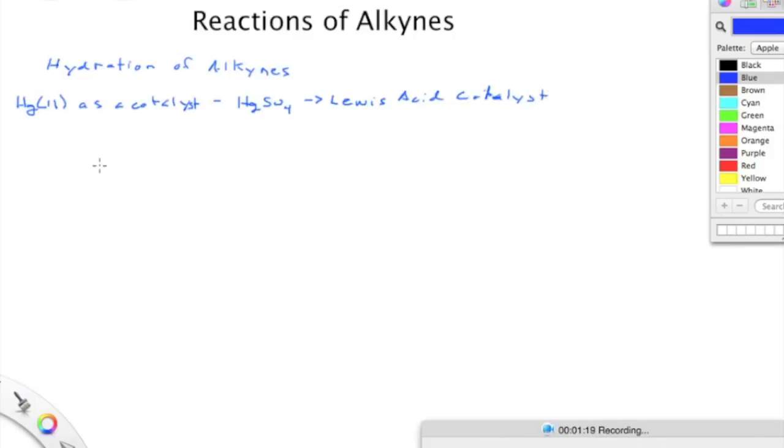And so the other hallmark of this reaction is that we're going to end up getting what we call, of course, Markovnikov regiochemistry.